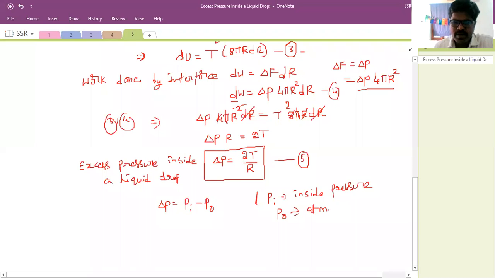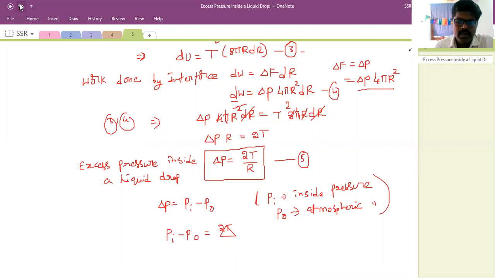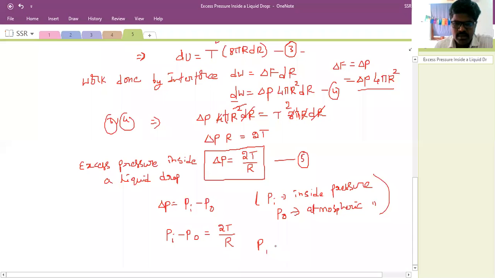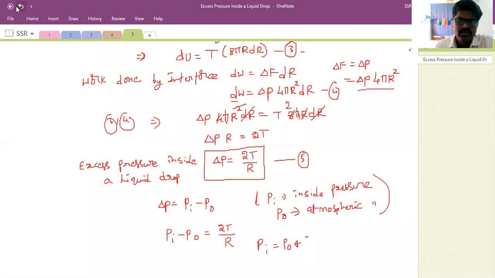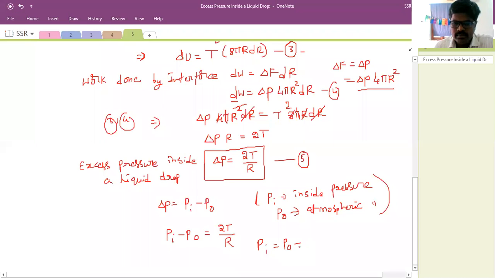Now delta P I can write as Pi minus P naught is equal to 2T by R. From this you can calculate the inside pressure also: Pi is equal to P naught plus 2T by R.